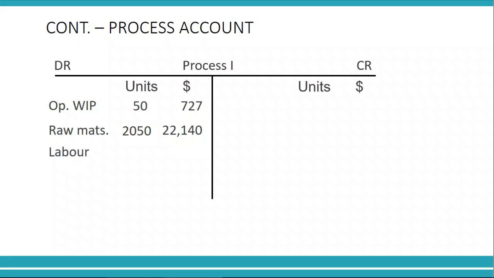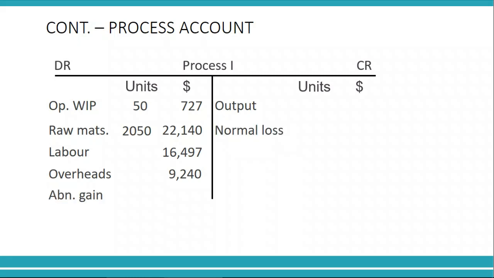Then you had labor cost, then you've got overhead cost, and on the other side of the ledger you've got output, normal loss and abnormal gain, because if you remember from the previous lecture, abnormal gain comes on the debit side of the process account, abnormal loss appears on the credit side. And you have closing work in process.